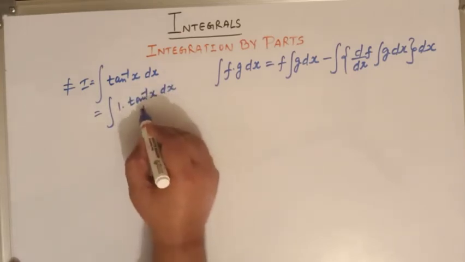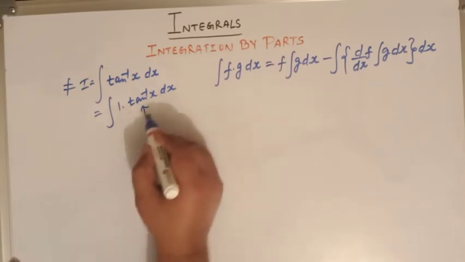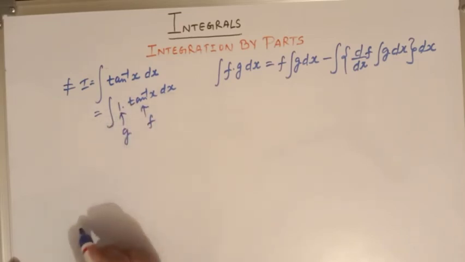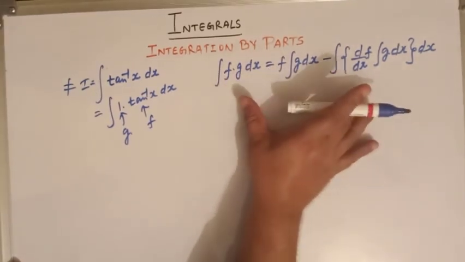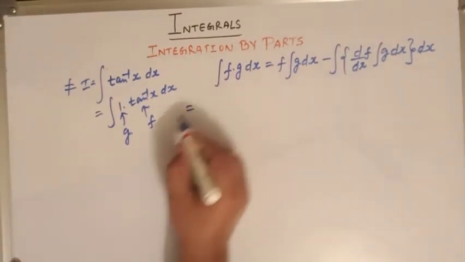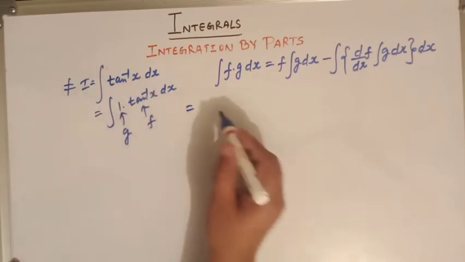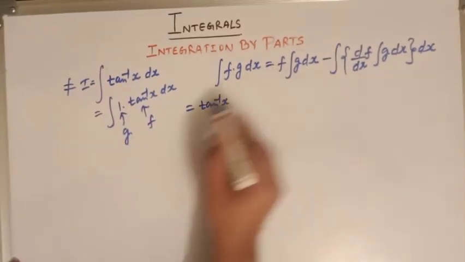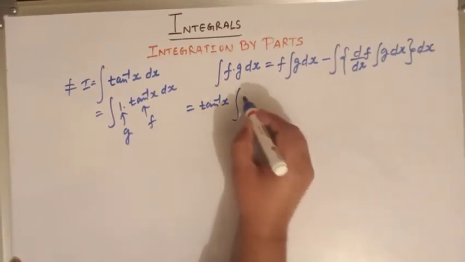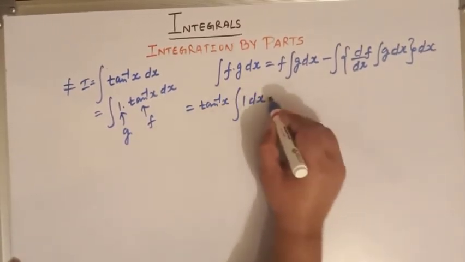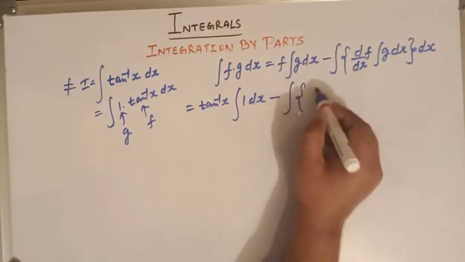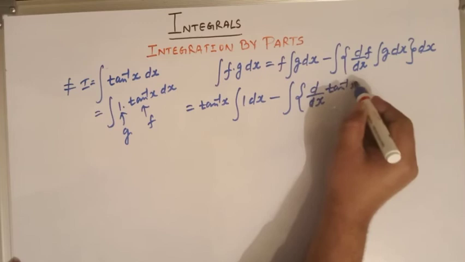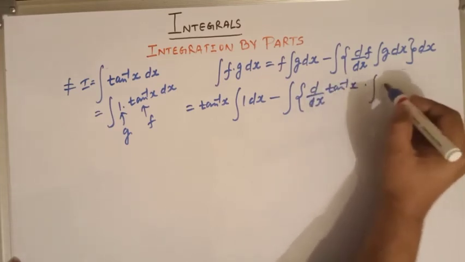Now this should be taken as the first function and 1 as the second function. So by utilizing this formula, the integral of tan inverse x can be written as tan inverse x times the integral of 1, minus the integral of the derivative of tan inverse x times the integral of 1.